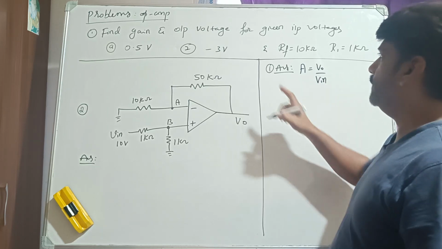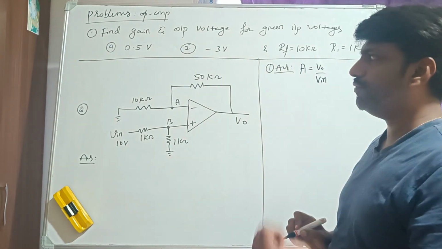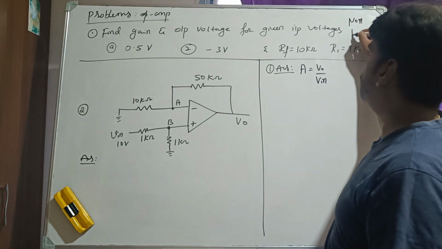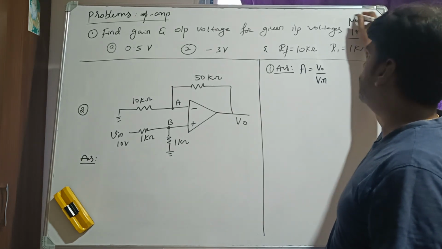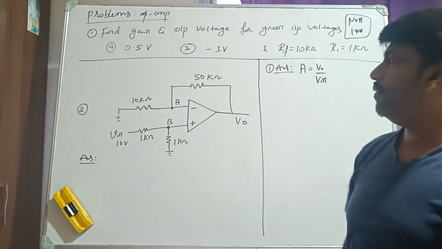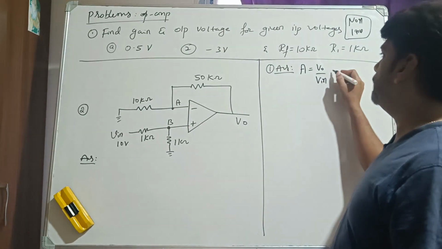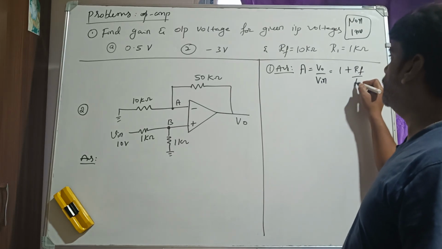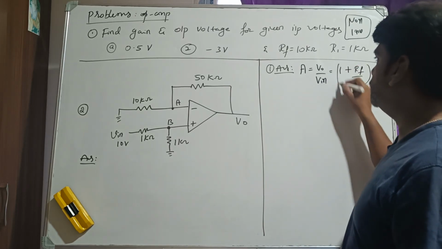They have not mentioned what type of amplifier. So assume that in the problem it is mentioned as a non-inverting amplifier. At that time, my equation of gain is going to be like this, right?